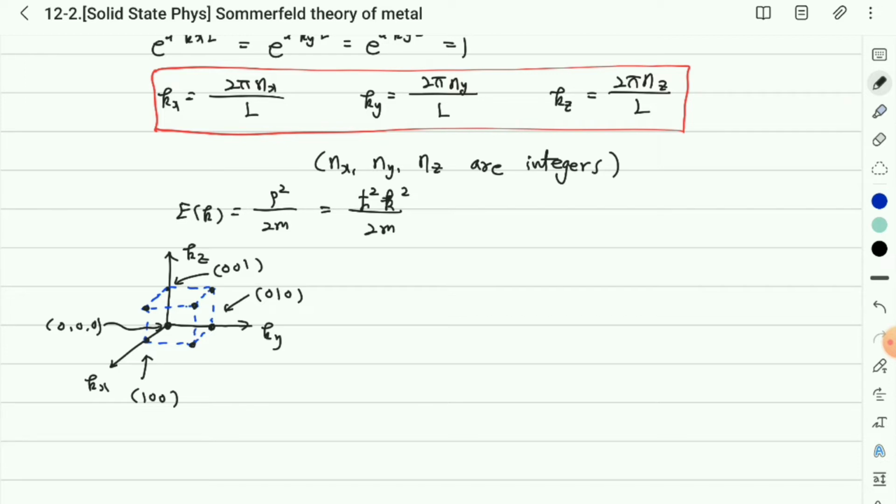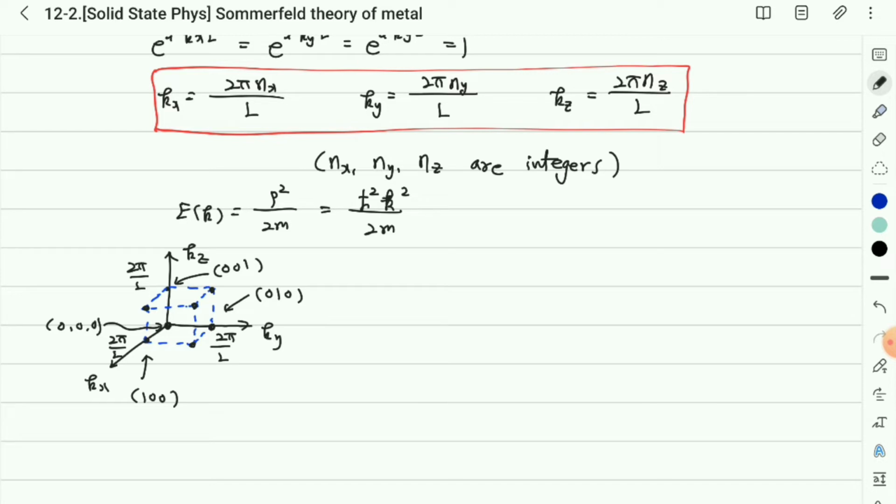The length here is 2π over L, and also here 2π over L, and also here 2π over L, because 2π over L is the amplitude, the length of the momentum.